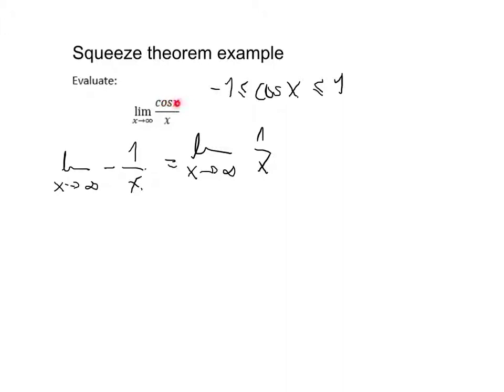And the other one is always smaller or equal, because minus 1 is always smaller than cos x. Hence I evaluate these two, and I realize that indeed they give me the same answer. They give me 0. So I can conclude that the limit when x goes to infinity of cos x divided by x is going to be equal to 0.